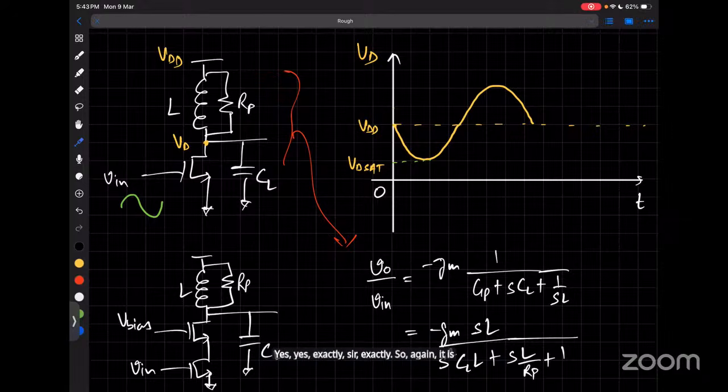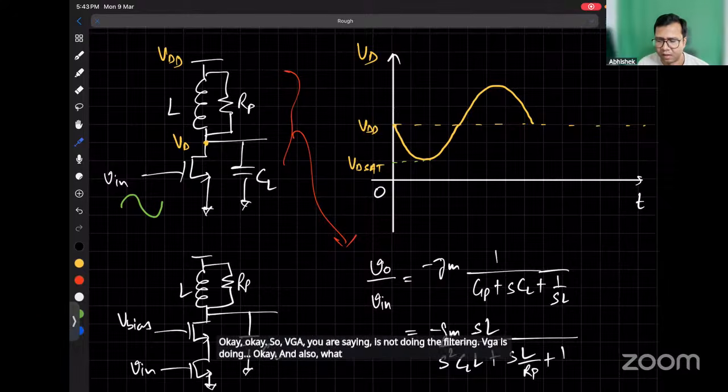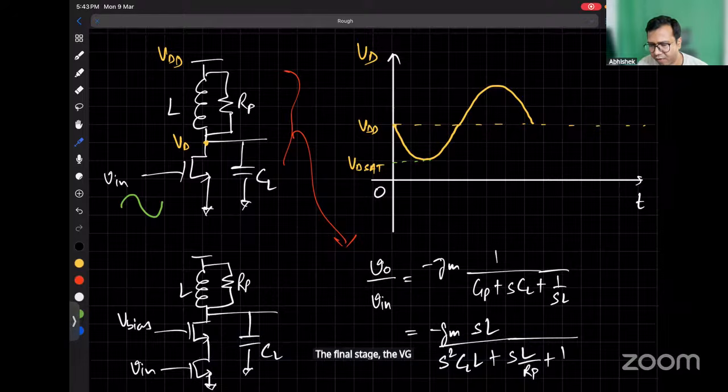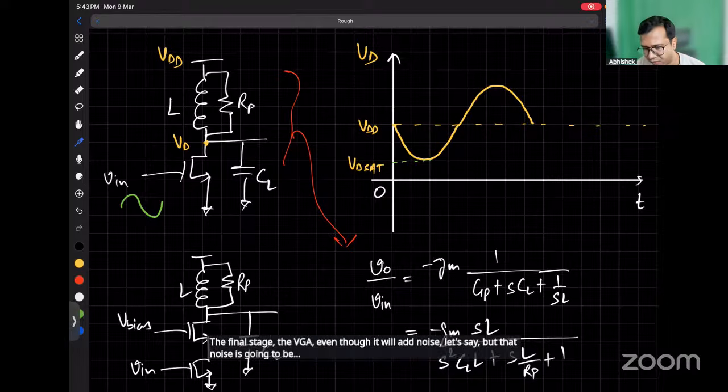So what happens is, if you have a VGA, you will normally try to ensure that any signal or noise is dominated by the initial stages. The final stage, the VGA, even though it will add noise, that noise is going to be much smaller compared to the noise coming from the initial stages.